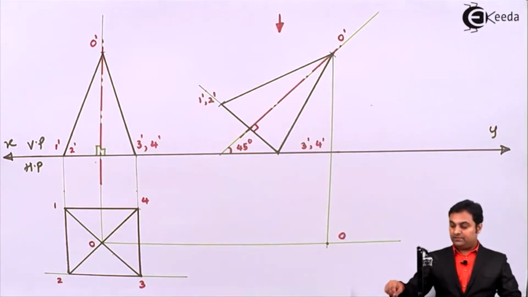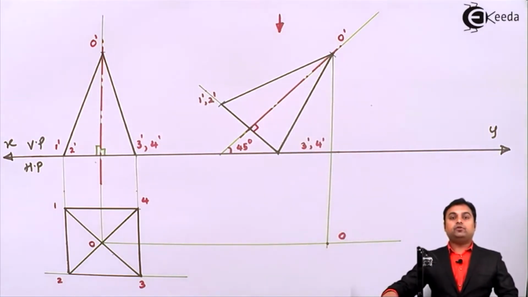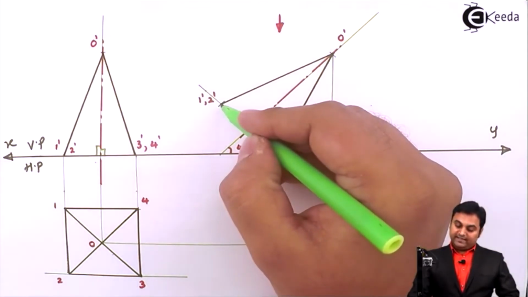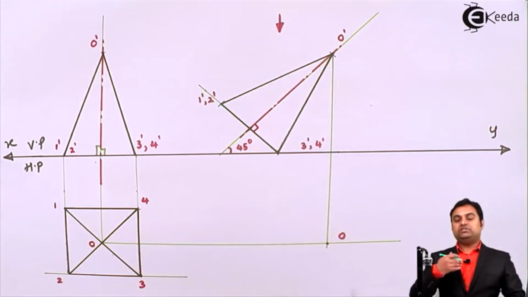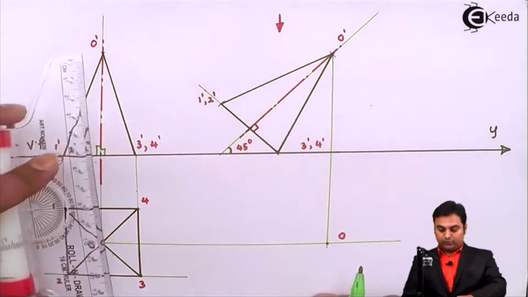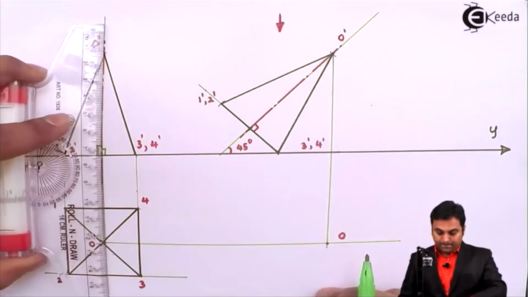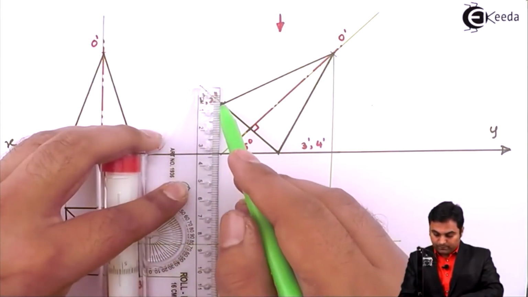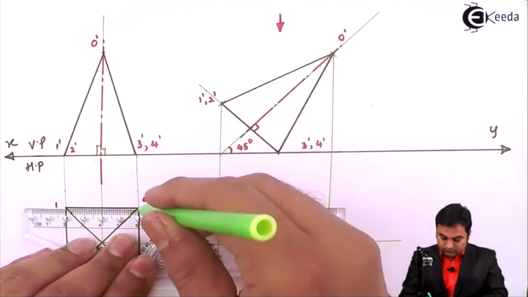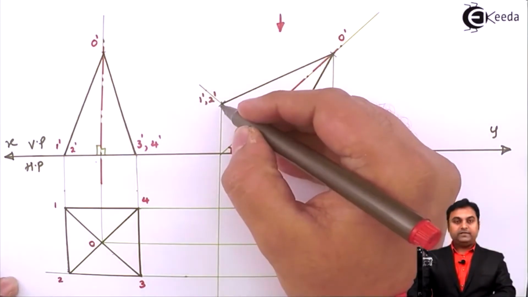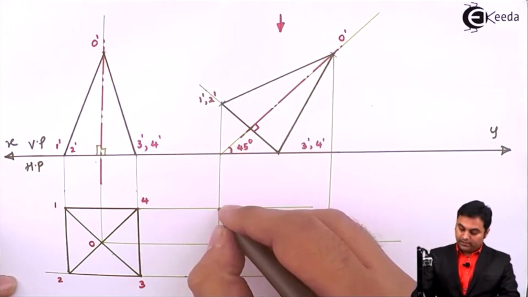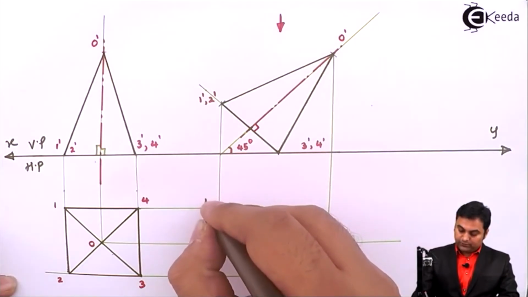which is the apex. Next, when I'm looking from the top, this edge, which is 1 dash 2 dash, is also visible, so which is closest to me. So I'll draw it first, or project it first. So here 1 dash will be in the top view. This is point 1.